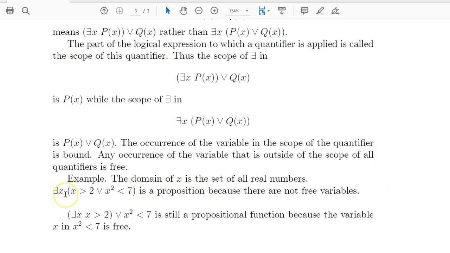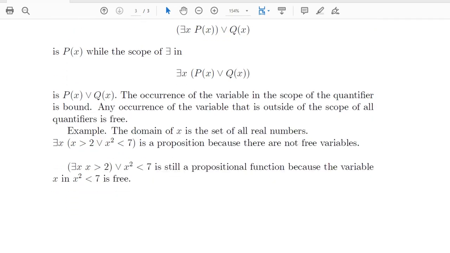In this example, there is an x such that, in parentheses, x greater than 2 or x squared less than 7. This is a proposition because there is no free variable. That is, x is bound in both expressions. Well, here there is an x such that x is greater than 2, or x squared less than 7.